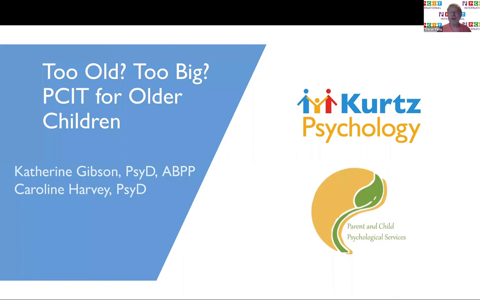We have downward modifications with the toddler protocol. And what is it we do with the older kids? Cheryl McNeil wrote the first chapter that many of us refer to in the original handbook, textbook on PCIT. And Kate and Caroline have done a great job developing this and making it more user-friendly for us to use. So without any further ado, I will turn it over to my friends and colleagues, Kate and Caroline.